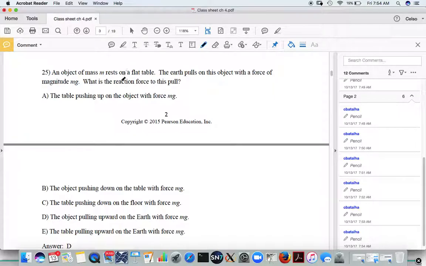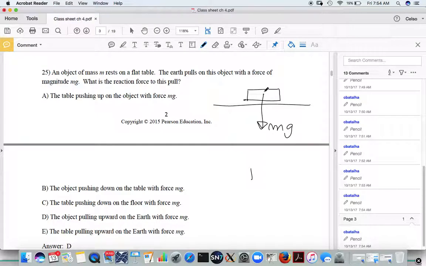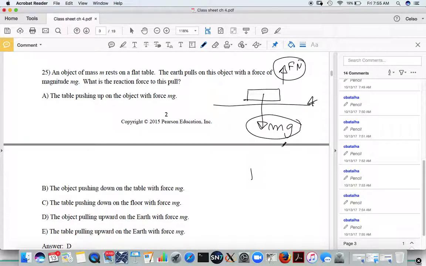An object of mass m rests on a flat table. The Earth pulls on this object with a force of magnitude mg. There you go, mg. What is the reaction force to this pull? Some of you might say it is the normal force, but it's not. The normal force is the force the table, the floor, exerts on the book. The reaction force of Earth on the object, which is mg, is the force the object exerts on Earth.